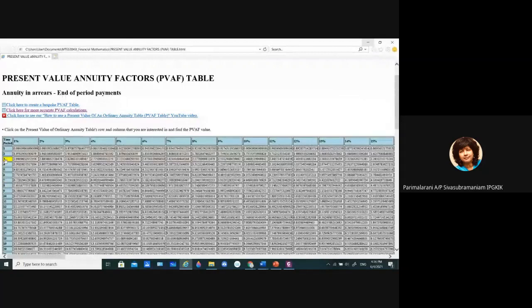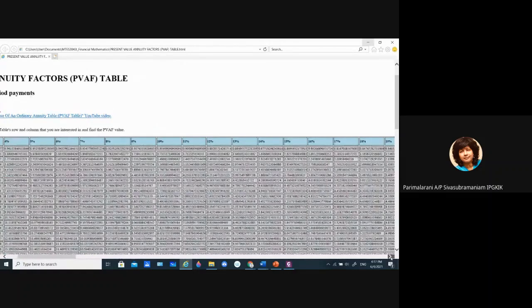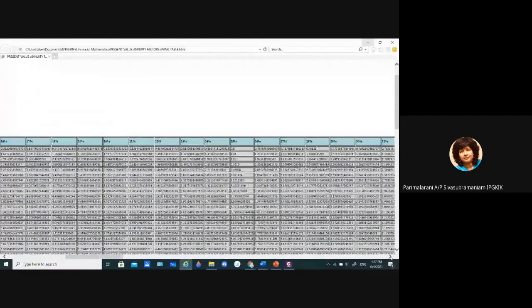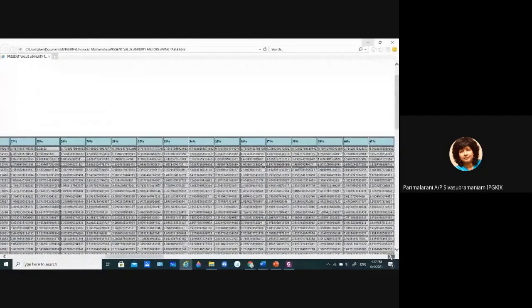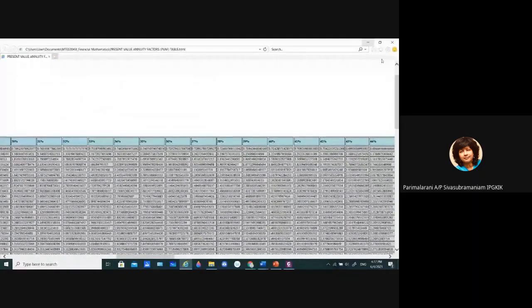So we look along row 3, because the time period is 3 years. So we search for 1.6667. Can you see that? You tell me, what is the corresponding percentage?